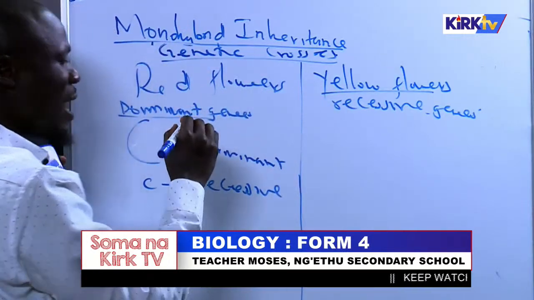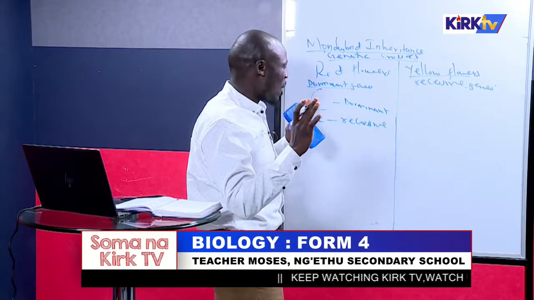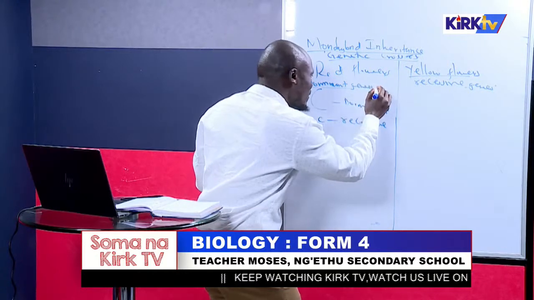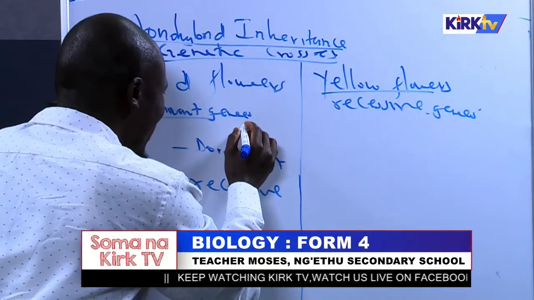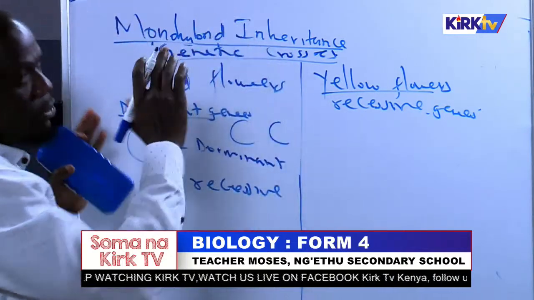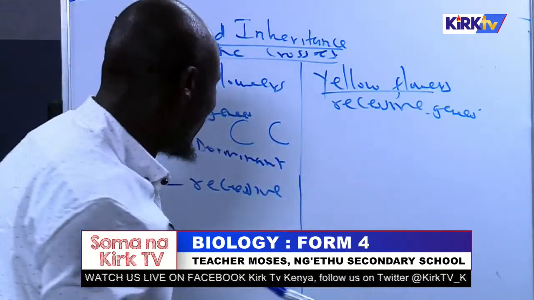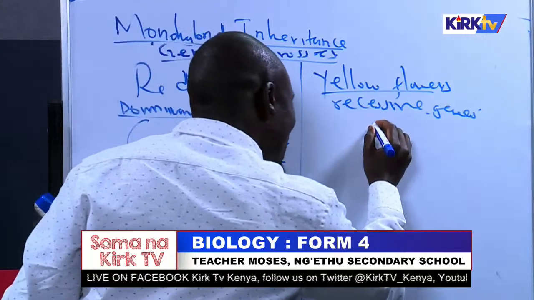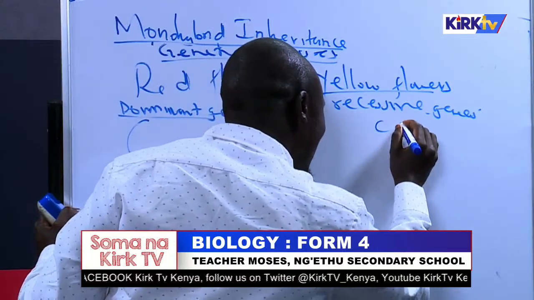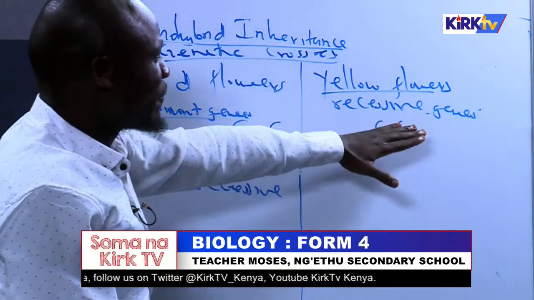Remember, these genes are homozygous. Both parents are homozygous. And therefore, this one will have pure dominant genes, which is capital C, because we've already been told that they are homozygous dominant. While this one will be having small letter c, because that is the one that is controlling the recessive gene.